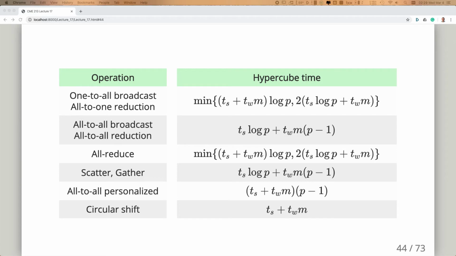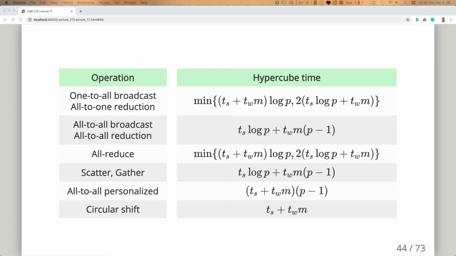So it goes like this. Similarly, scatter is very similar, so you can recognize the tree structure with the latency. But here, because it's a scatter gather, it's the amount of data times the number of processes that you have in front of the bandwidth. So anyway, you have this table that you can use to evaluate running times.